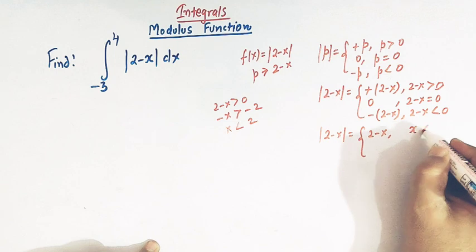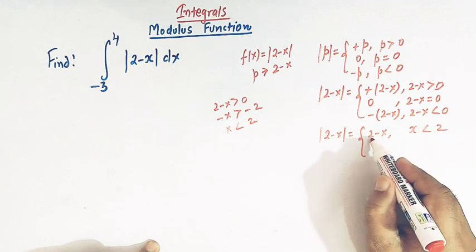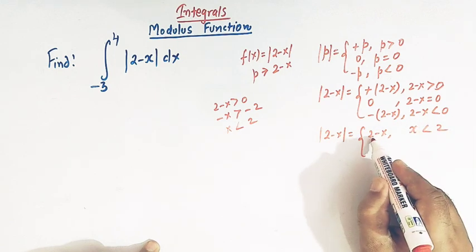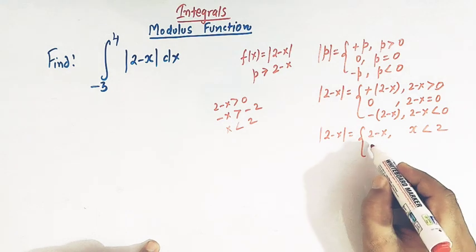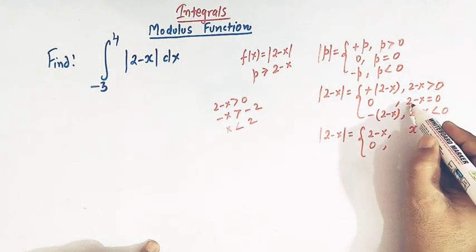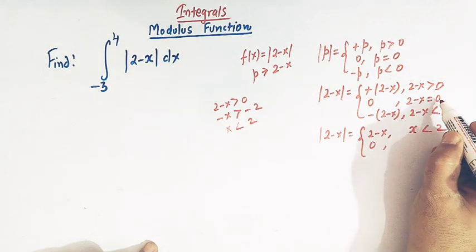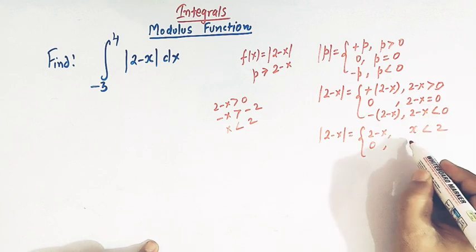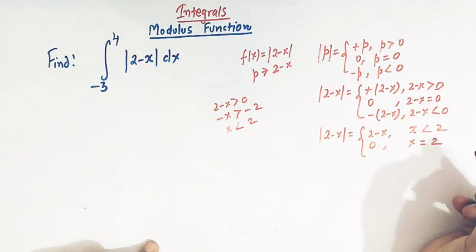So when x is less than 2, we have mod of 2 minus x equal to 2 minus x, right? And it is 0 when 2 minus x is equal to 0. This is a linear equation, so x is equal to 2, right?